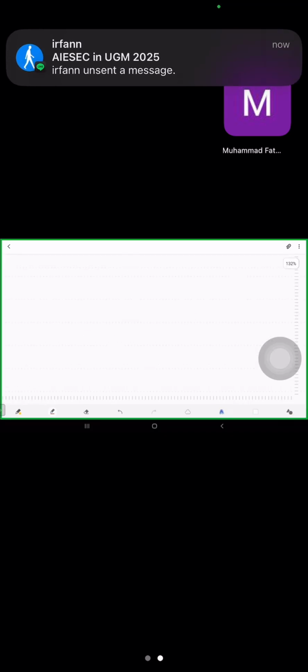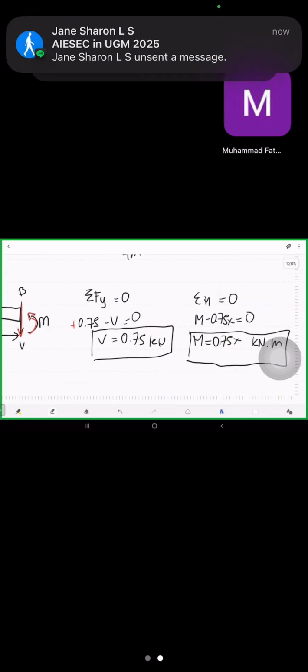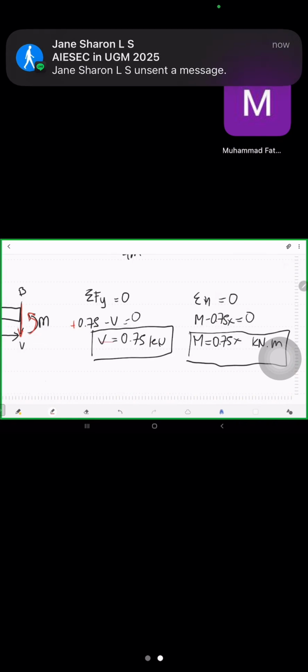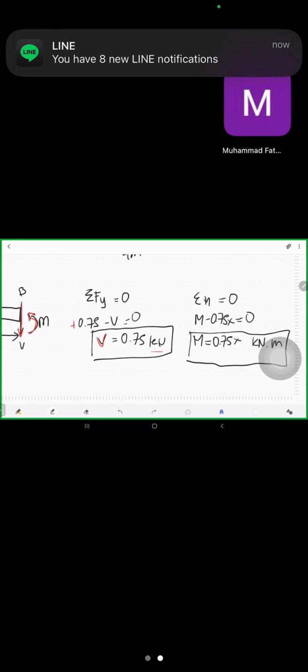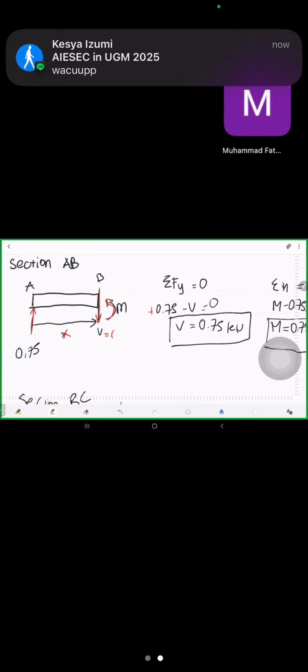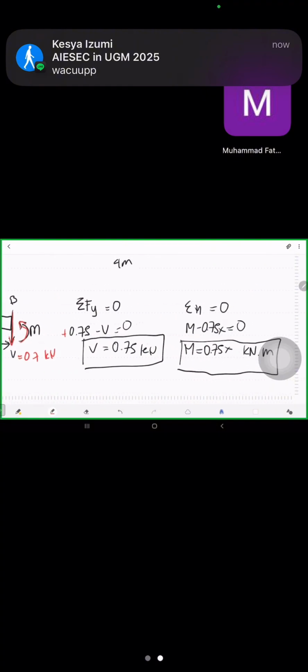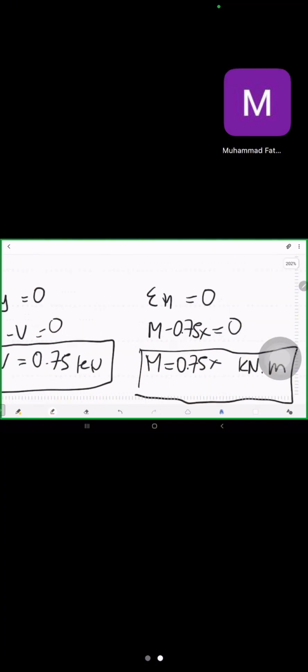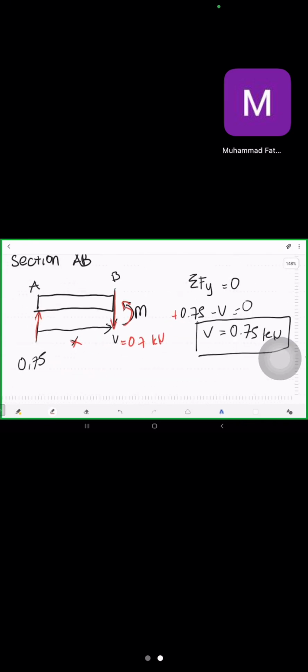Then we also have to see the total moment acting on the beam, which is sigma moment equal to 0. We have the moment M on B, which is acting in the positive direction, and also the 0.75 force contributing to the moment, acting in the negative direction. We multiply it by X, which is the perpendicular length of the force, so we can produce the moment out of it.